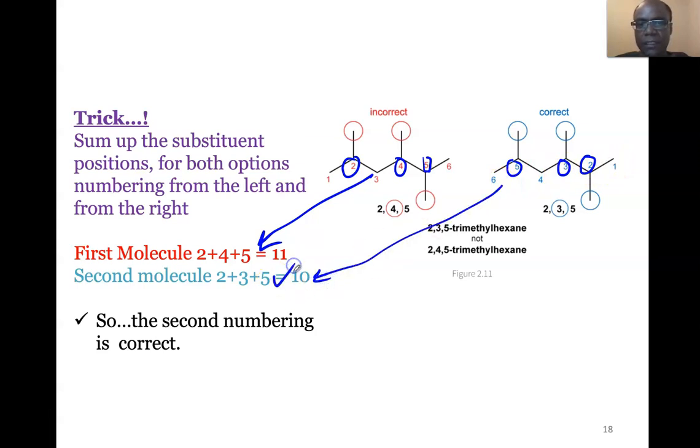So the second numbering, the blue numbering, is correct, which gives us the correct name. So again, you have a methyl, you have a methyl, you have a methyl. So it's trimethyl, and they are on the second, third, and fifth carbon. So it's 2,3,5-trimethylhexane, because there's 6 carbons in the longest chain.